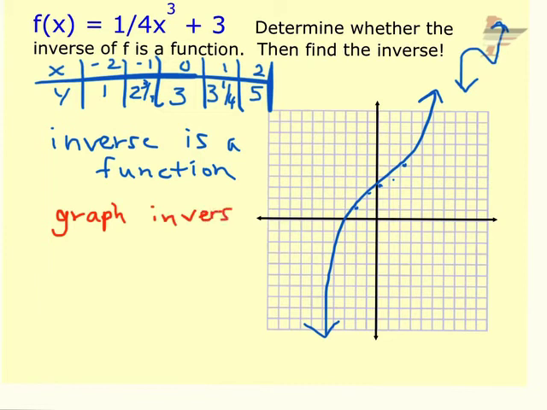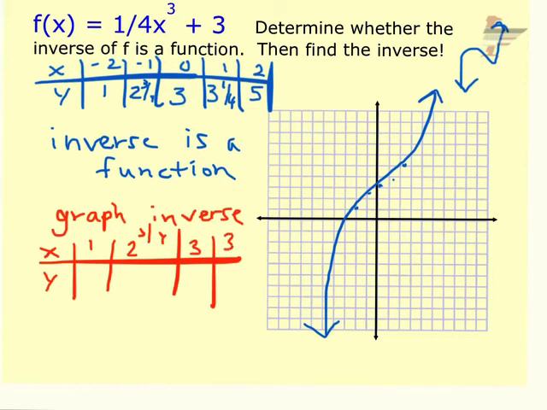If I graph the inverse, that means I'm going to switch x and y. So it's going to be 1, 2 3/4, 3, 3 1/4, and 5, and then negative 2, negative 1, 0, 1, 2. If I plot those points, I'm going to have 1, negative 2, 2, negative 1, 3, 0.